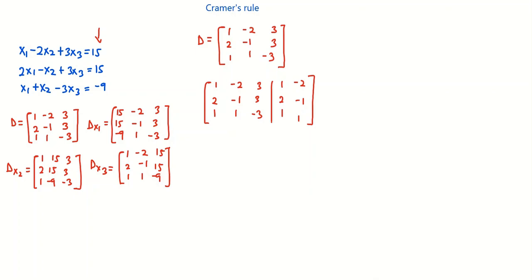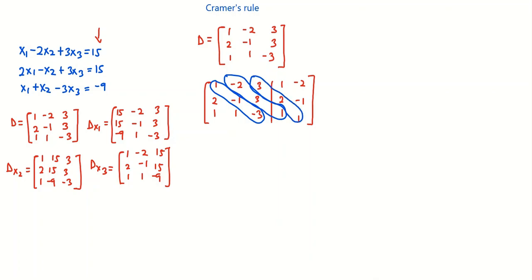To do this, I'm going to consider the diagonals of this matrix from the top left side, and then I'll consider the diagonals from the bottom left side. For the top left side, this will be the first diagonal, this will be the second diagonal, and then this will be the third diagonal.